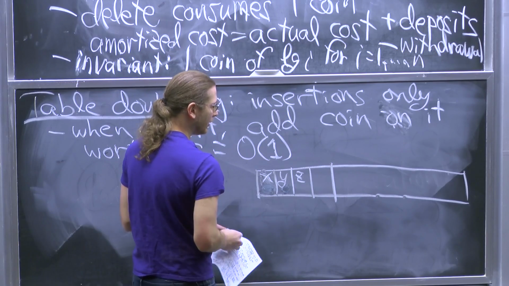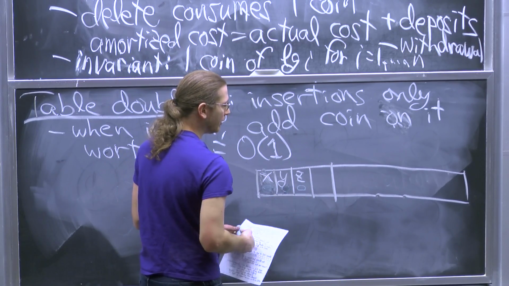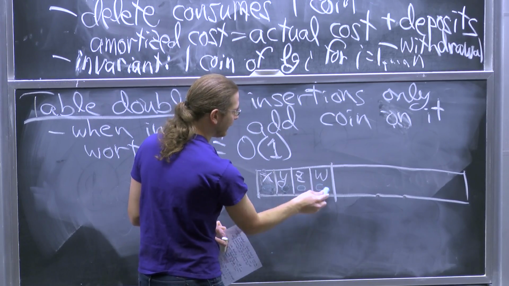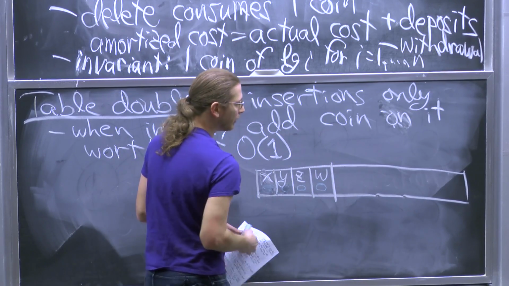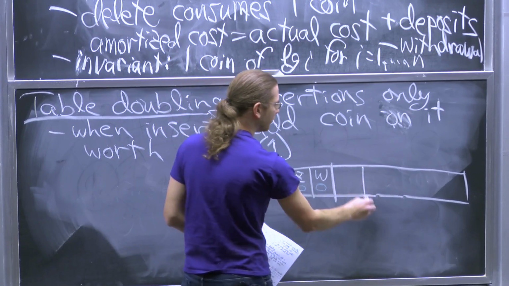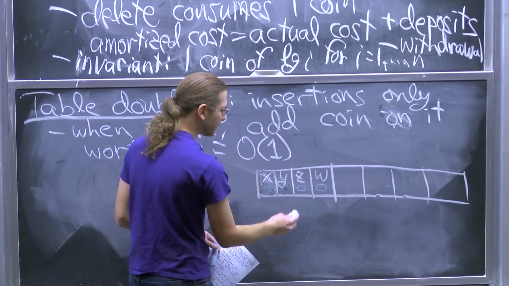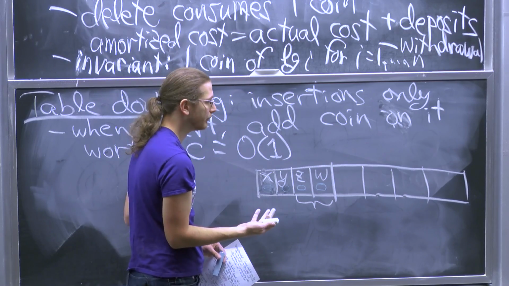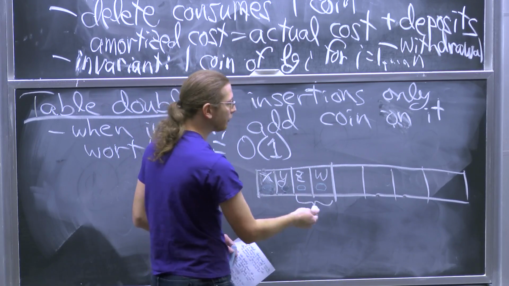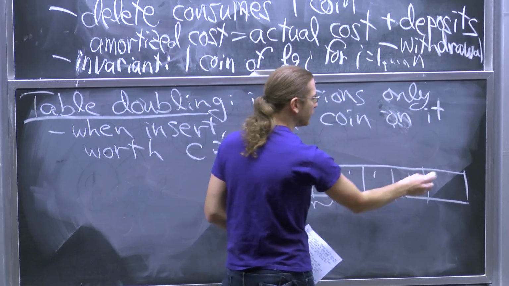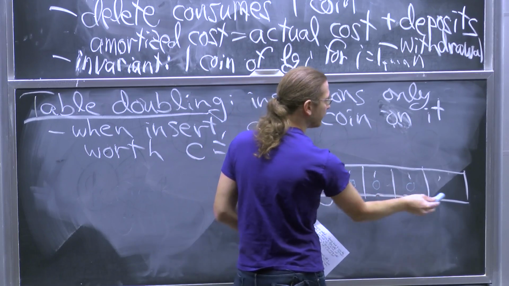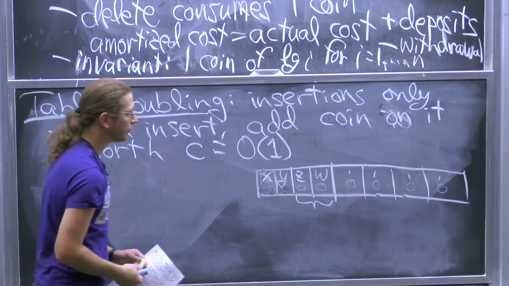Then I put a coin here when I insert item w, then z. Then I put another coin. When I have to double again, I'm going to use these coins to charge for the doubling. And then in the next round, I'm going to be inserting here, here, here, and here, and I'll be putting a coin here, here, here, and here. In general, you start to see the pattern.